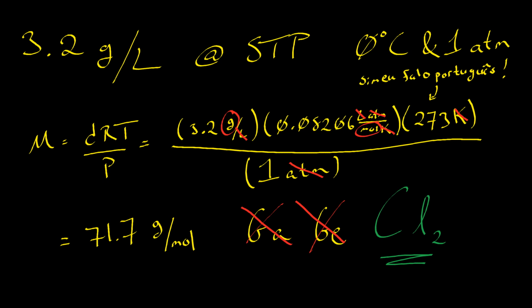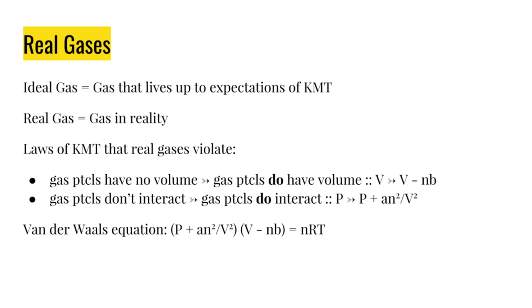But let's go ahead and move forward. And we're moving forward to real gases. Now, this whole time, we have been talking about ideal gases. An ideal gas is a gas that lives up to the expectations of kinetic molecular theory. Okay, that particles don't have volume, that they don't interact except when they collide, that those collisions are perfectly elastic, and so on.